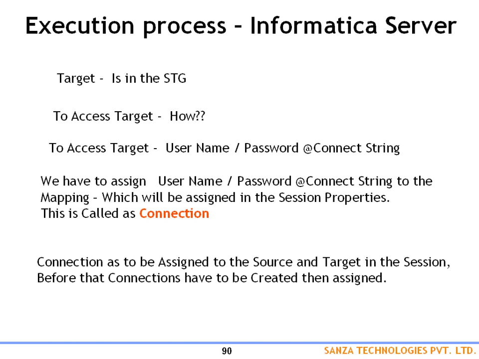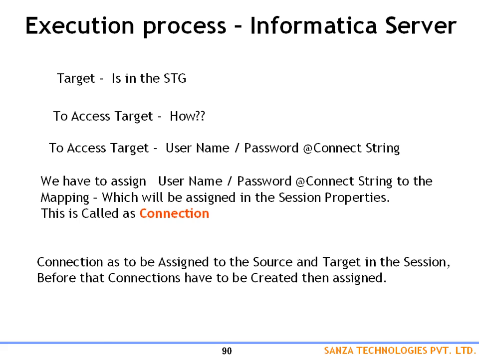After you assign these connections, change bulk to normal, save your workflow, then execute it. And as we discussed before, the Informatica server goes and connects to that source, gets the complete data into the Informatica server, and processes the data row by row. Then after processing, it will insert the data into the target.